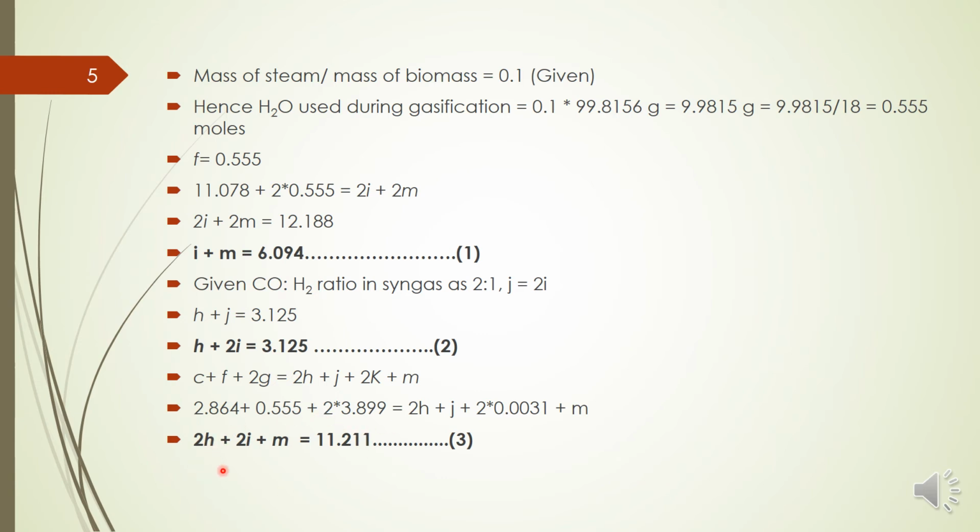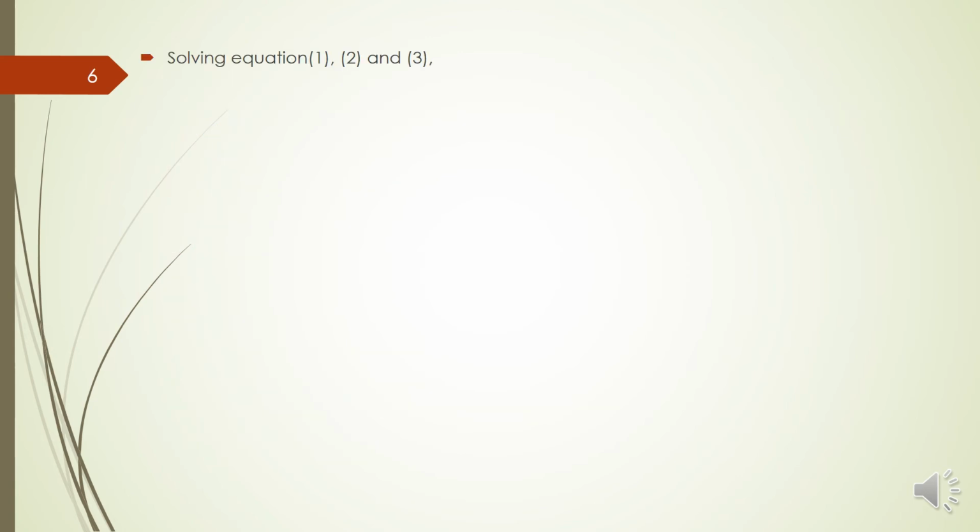So this is another equation in H, I and M. So we have three equations containing H, I and M, and we can solve them using a calculator or by a mathematical method. We solve equations 1, 2 and 3, which contain the unknowns H, I and M. Solving this we get H is 2.37, I will be 0.377, and M is 5.717. So that is our final values for all the unknown moles.